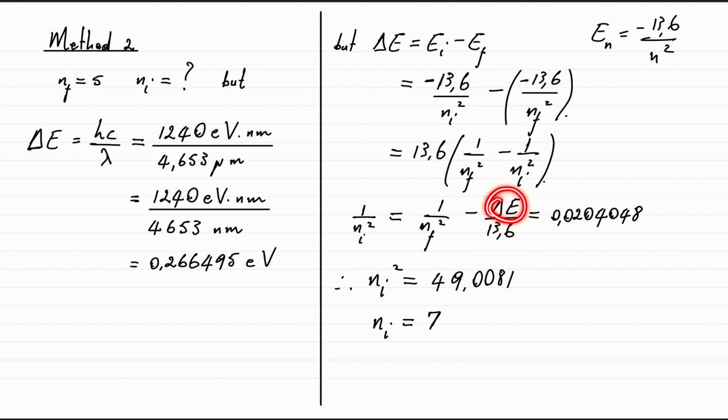So delta E is going to be that value, divided by 13.6, and subtract this from 1 over nf squared, and nf is 5, so that's going to be 1 over 25, and you're going to end up with this value. And if you invert, you will find that the square of Ni is equal to 49, hence this tells us that Ni must be 7.